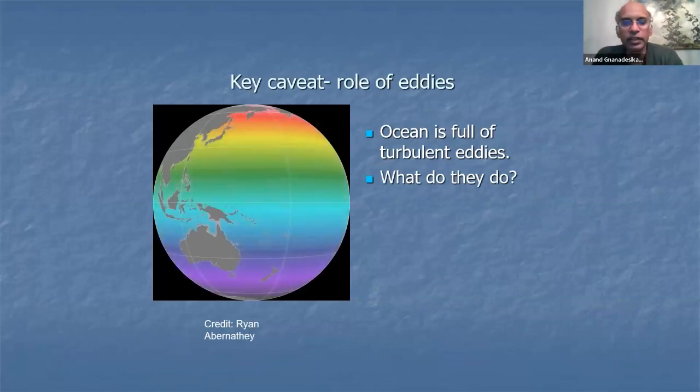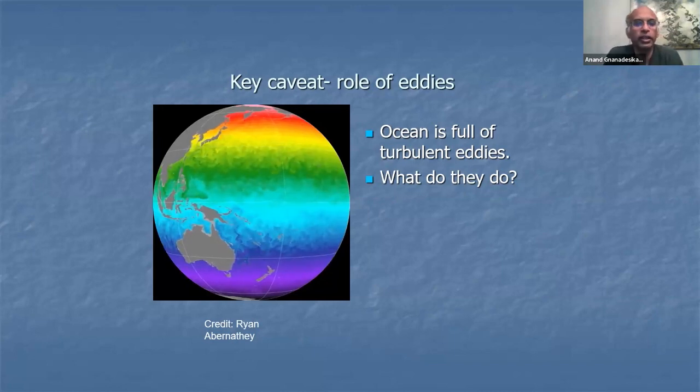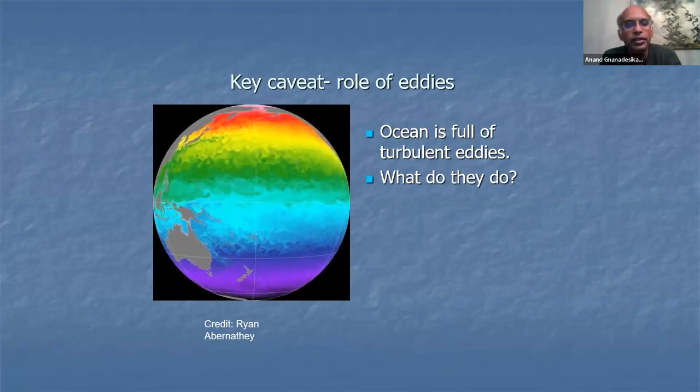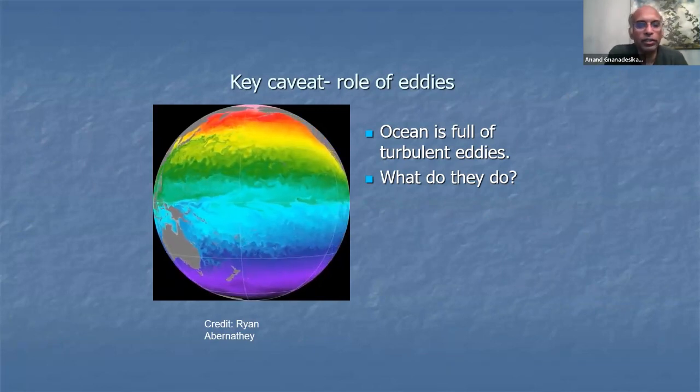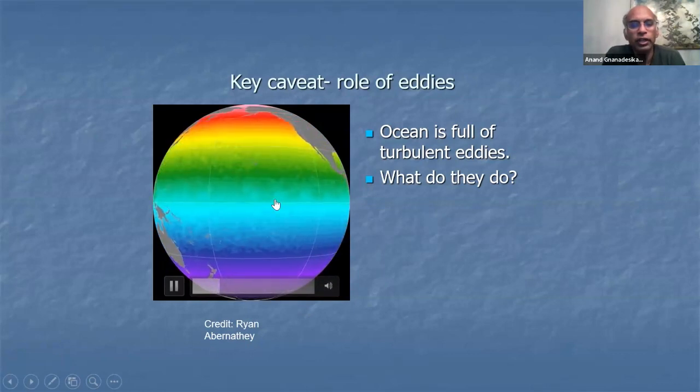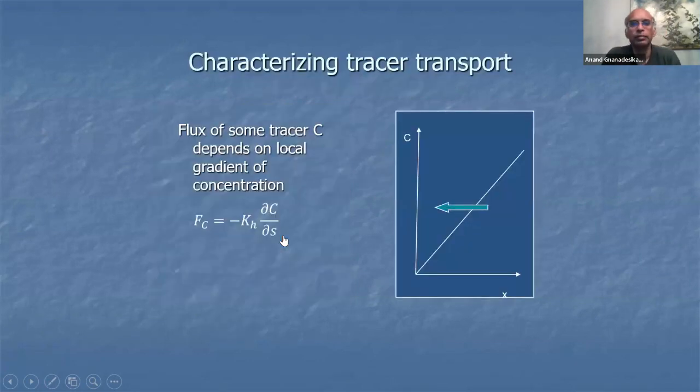Now, a key caveat here is that the ocean, as you've already heard, is turbulent. It's full of turbulent eddies. So this shows a very nice visualization of that from Ryan Abernathey. You can see all of this very, very highly structured eddy flow. Okay. So what do these eddies do? Well, they do two things.